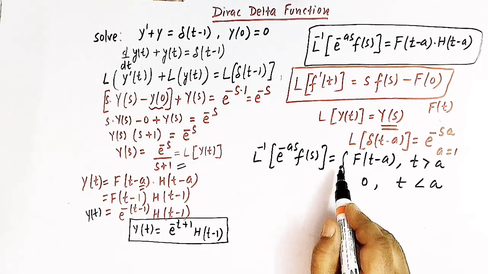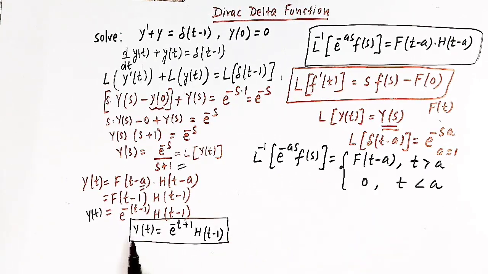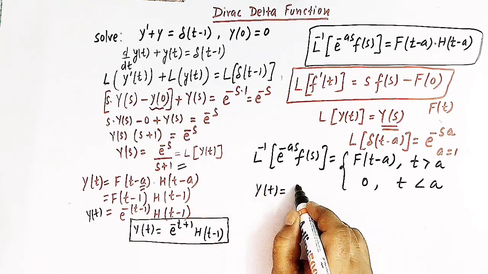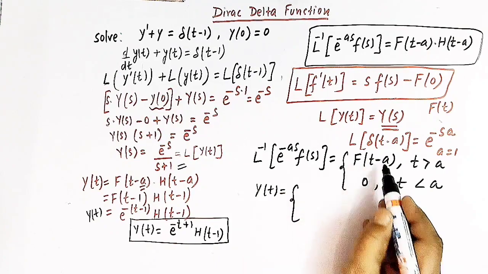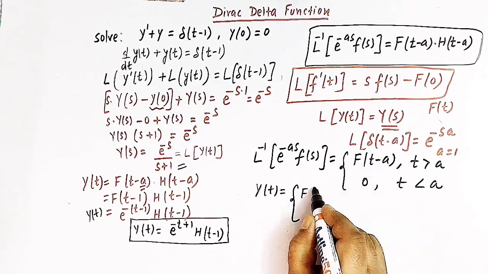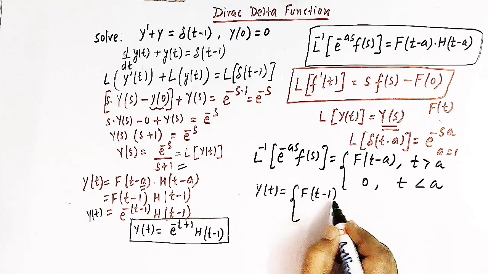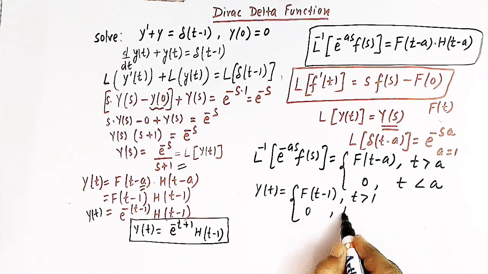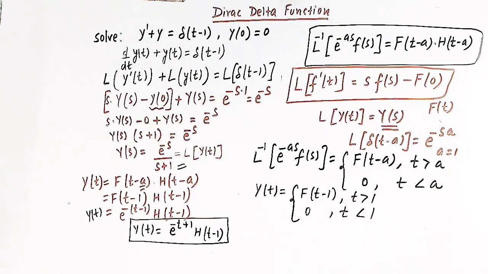So now using this form, we can also express our solution as y of t equal to f of t minus a, that is f of t minus 1 for t greater than 1 and 0 for t less than 1, right?